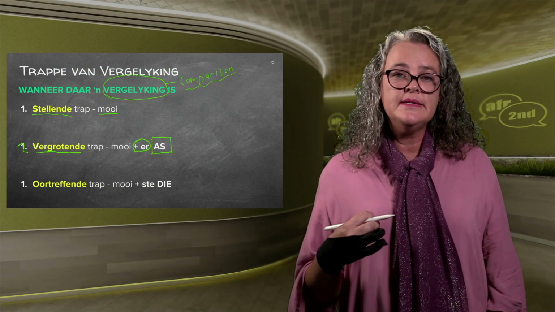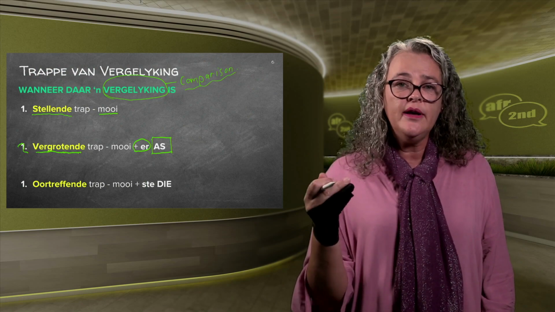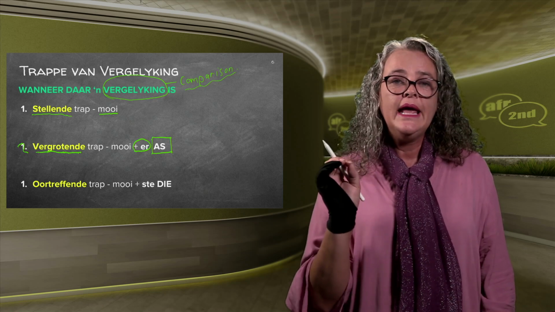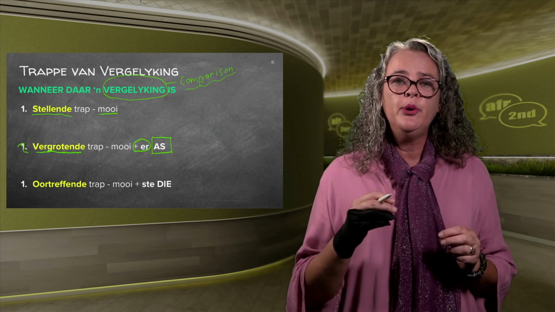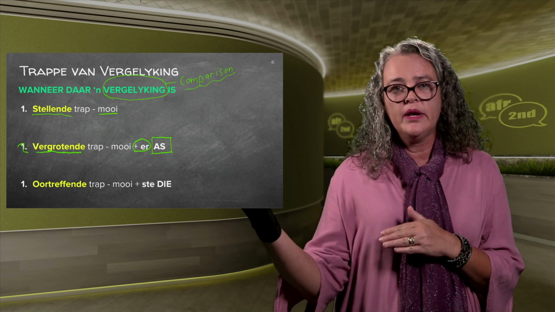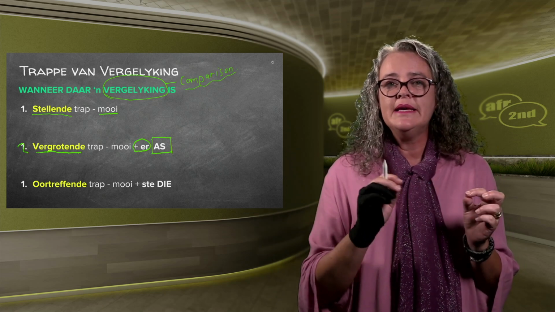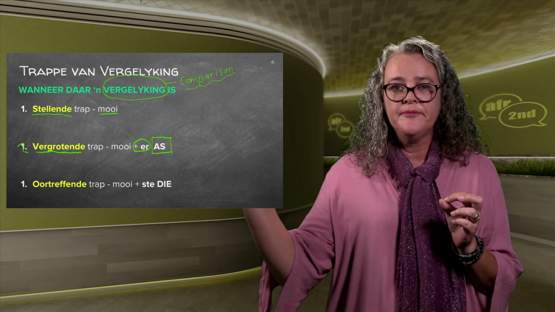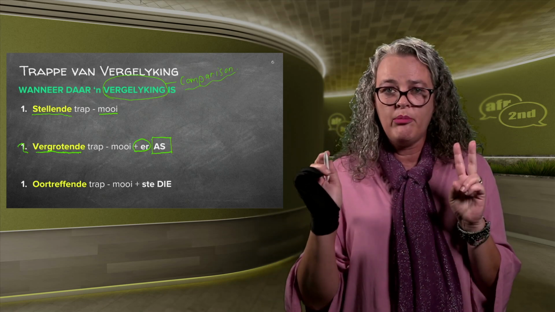In your sentence, the word will be after the byvoeglike naamwoord in your sentence. For example, in English, when you say, this girl is prettier than that one. So the than is the as. Die meisie is mooier as die ander meisie. So kyk uit vir die woordjie as vir die tweede trap.